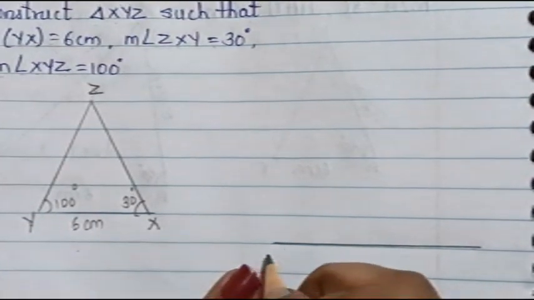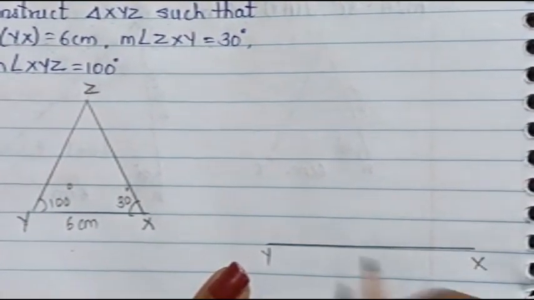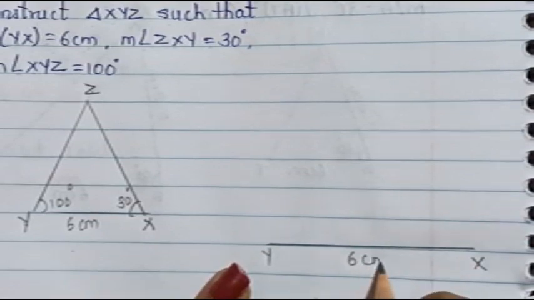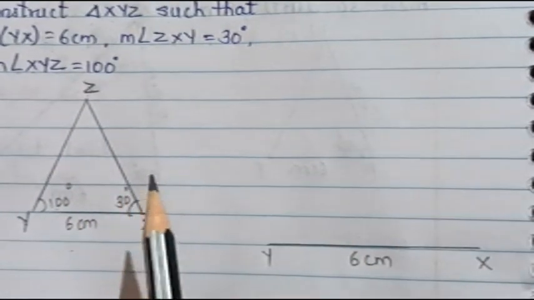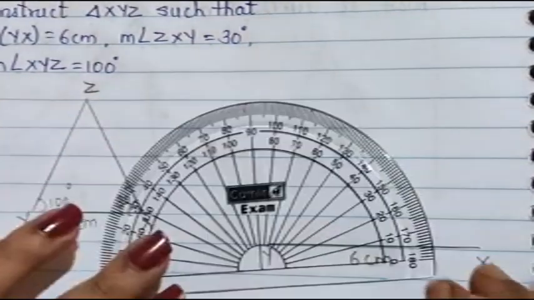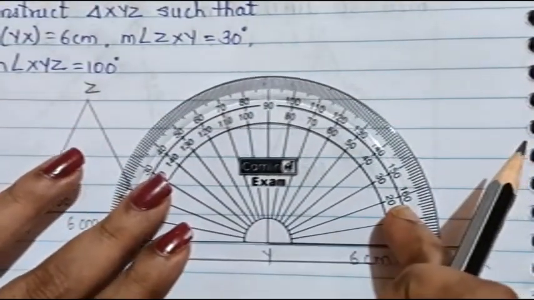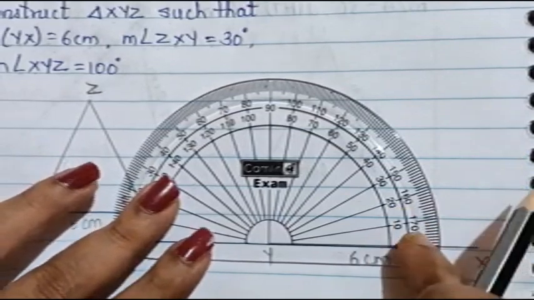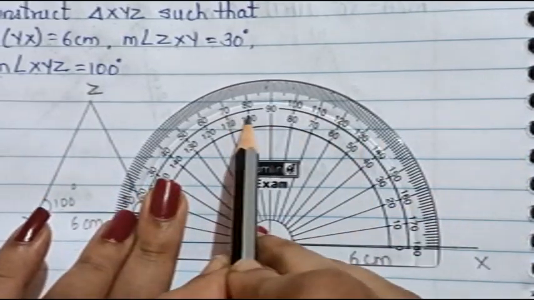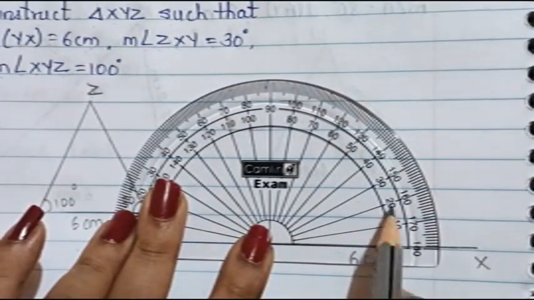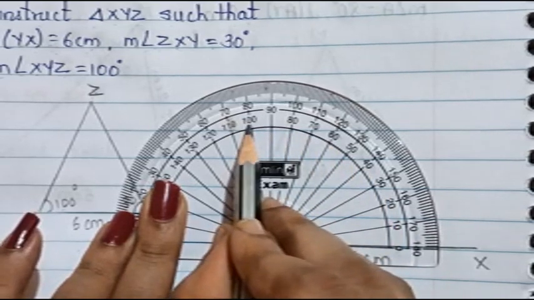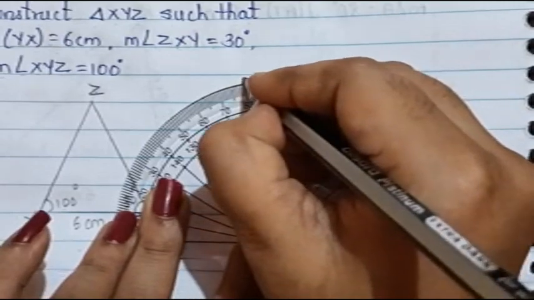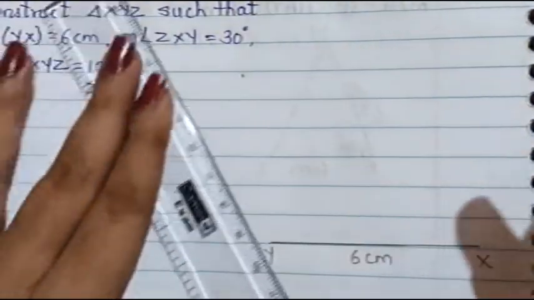So that is Y and X, that is 6 centimeter. Then the first one is 100 degree. So I'll take the protractor, place the point over here in the center, and now you all can see 100 degree, that is more than 90 degree. So 0, 10, 20, 30, 40, 50, 60, 70, 80, 90, 100. Here it is. So you'll place the point. Okay, and then you will draw a line.